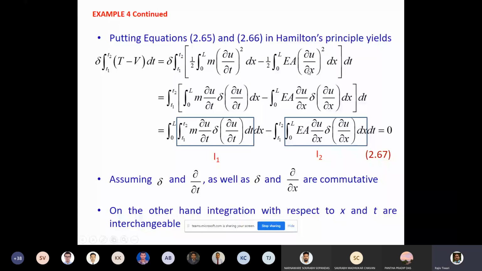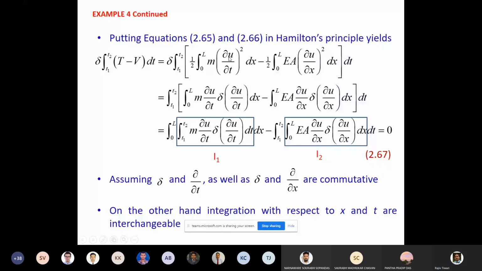So first, what I am doing is taking the variation inside the integral. As I mentioned, the operation of the variation is similar to the differential operator. So if I bring this variation inside the integral, this quantity will be differentiated, so that will be 2 into del v by dt.